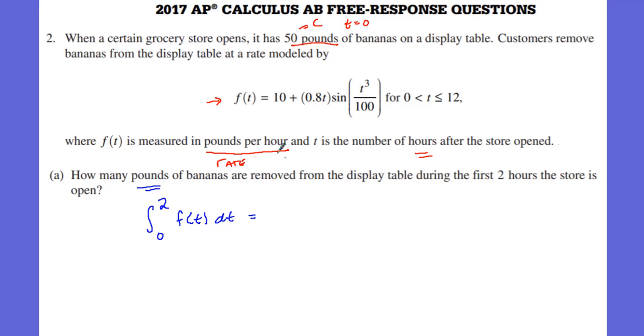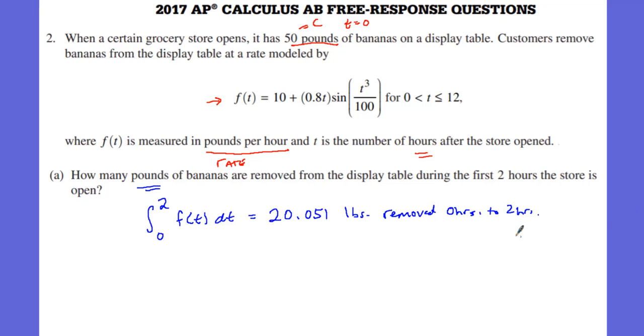If I do this in my calculator, this is a calculator problem, it's number 2. Remember, the first 2 problems are calculator problems in AP Calculus AB. We're going from 0 to 2 of 10 plus 0.8t sine of t cubed over 100, and we end up getting 20.051 pounds of bananas removed from 0 hours to 2 hours.